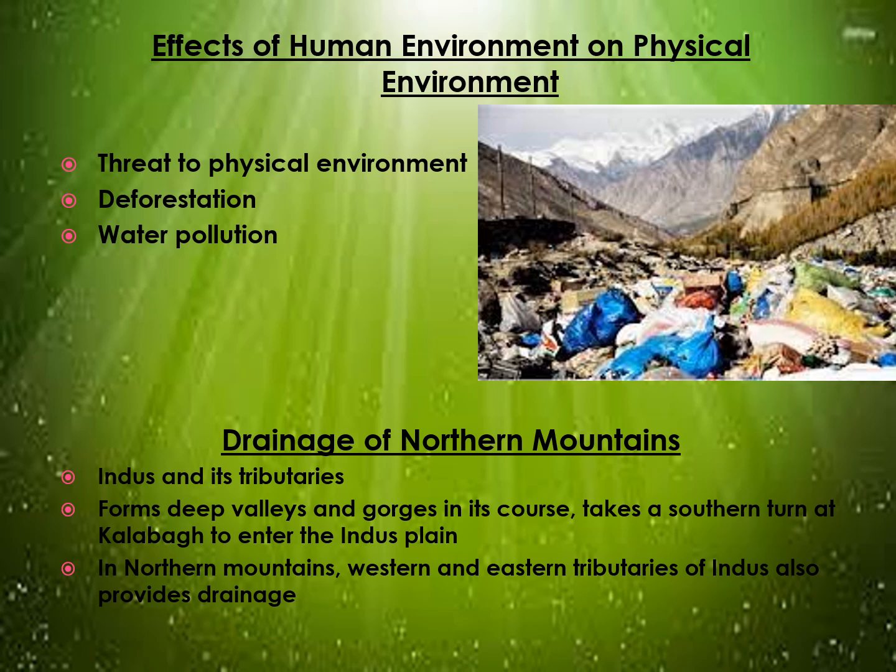In the northern mountains, western and eastern tributaries of Indus also provide drainage, like river Gilgit, Hunza, Kabul, and there are many waterfalls, rapids, streams and springs in its course. So this is the drainage of the northern mountains.